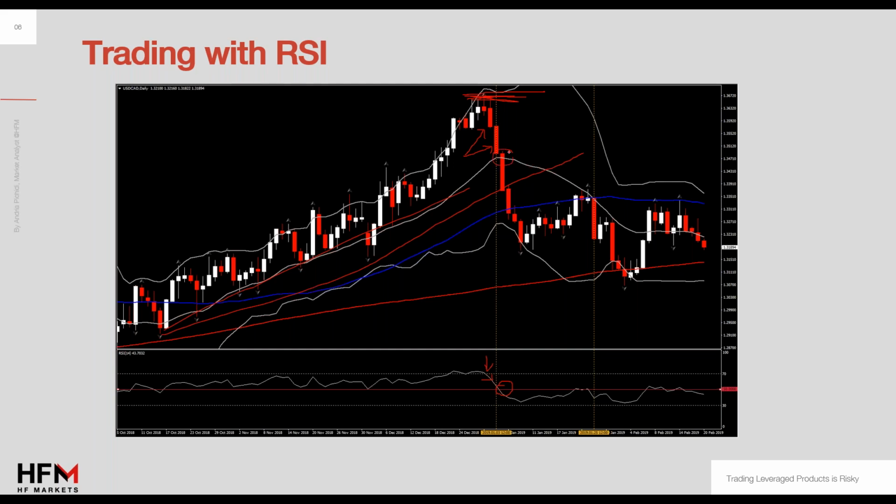And the fact that, when we had this crossing, the price was also below the 20-day moving average is further confidence and trust in your short entry.